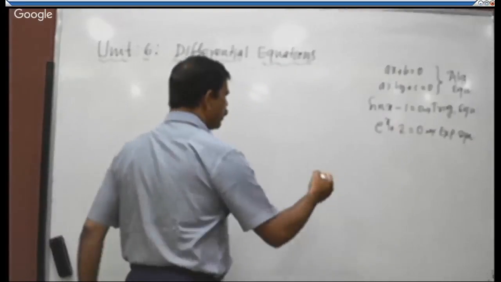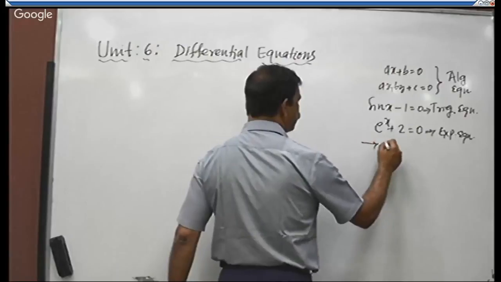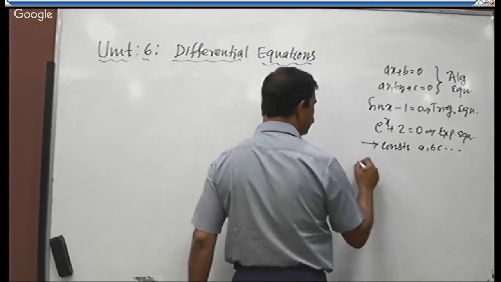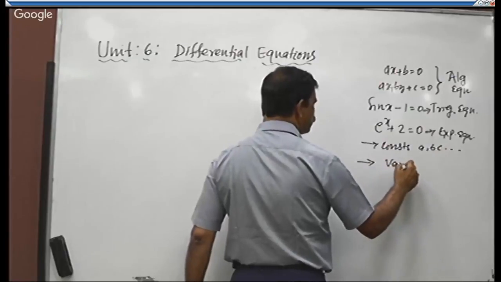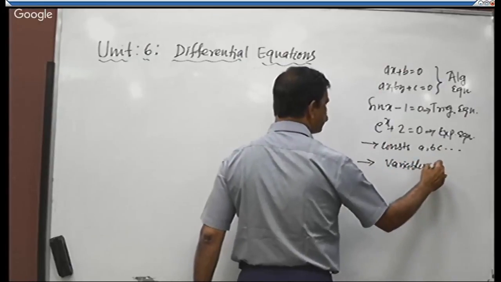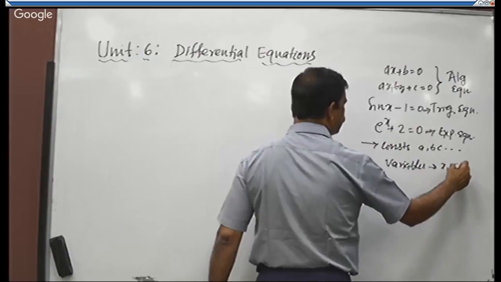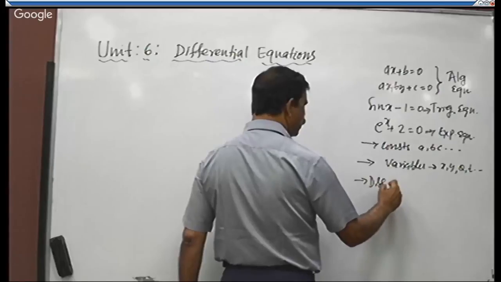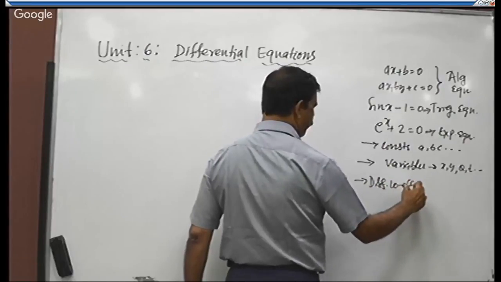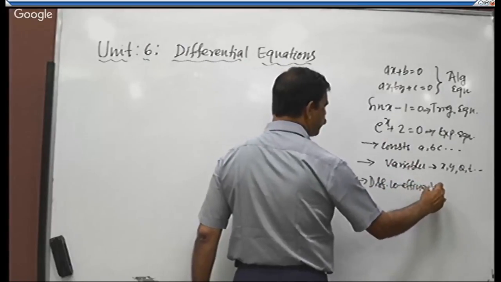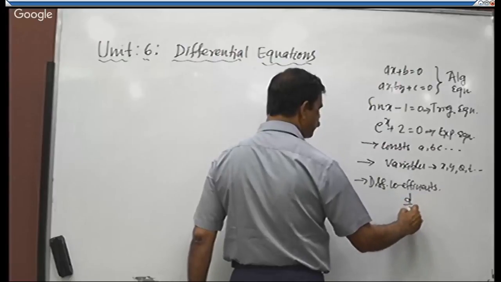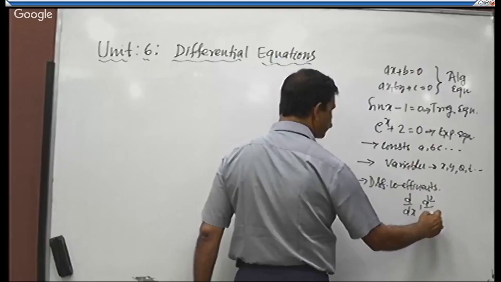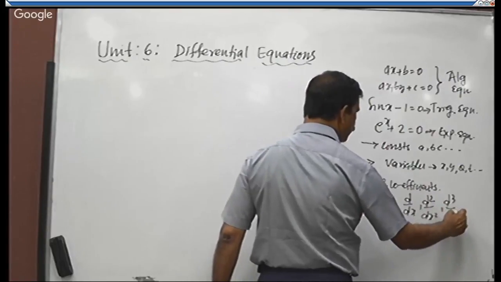An equation involving constants a, b, c, etc., variables, that is x, y, theta, t, etc., and differential coefficients. Which are differential coefficients? d by dx, d square by dx square, d cube by dx cube, etc.